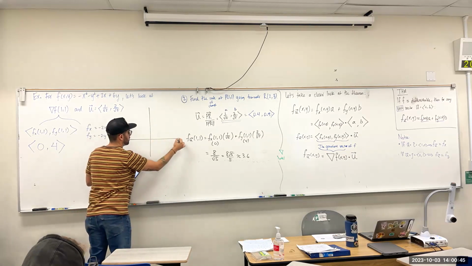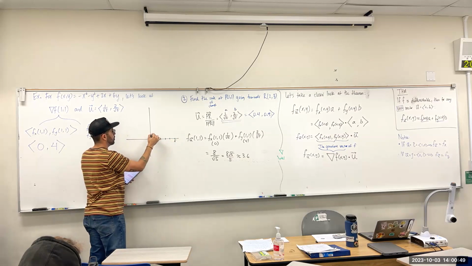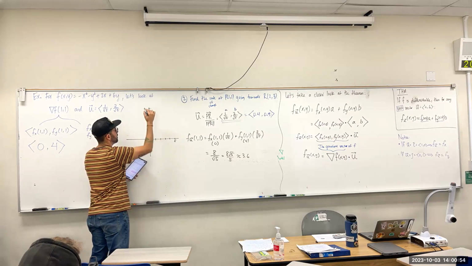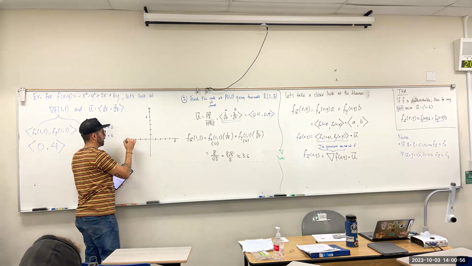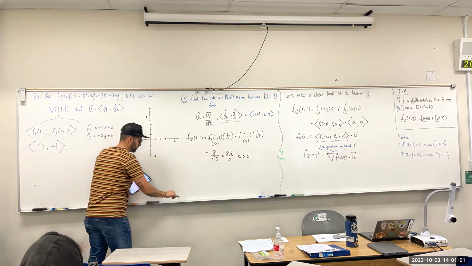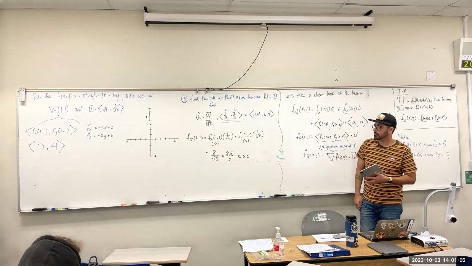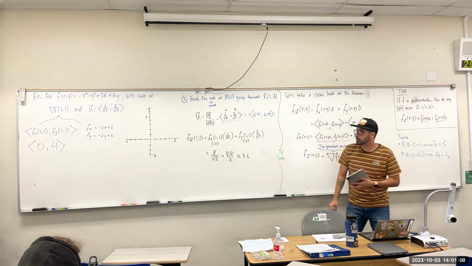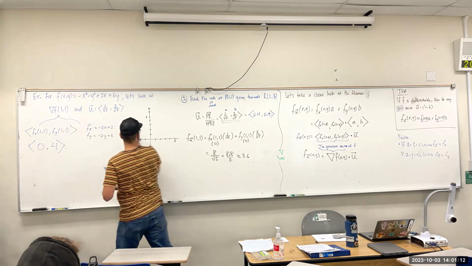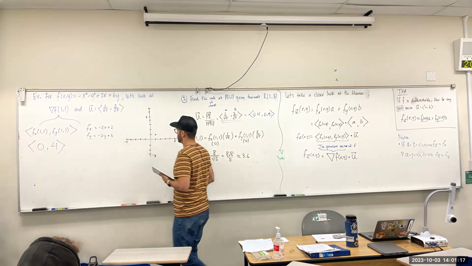It's going to be 1, 2, 3, 4, 5, and 1, 2, 3, 4, 5, 6, 7, and then 1, 2, 3. So our point is still at 1, 1. It's still this point right here, 1, 1.